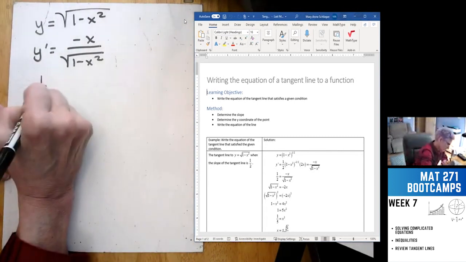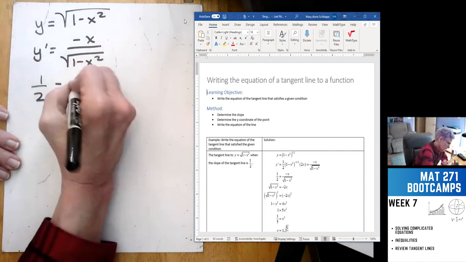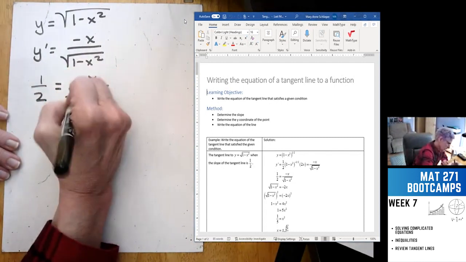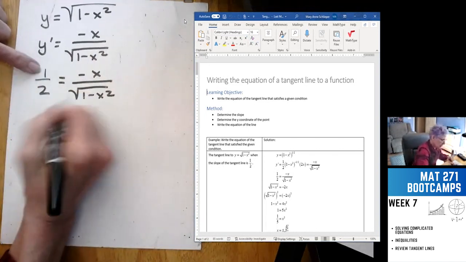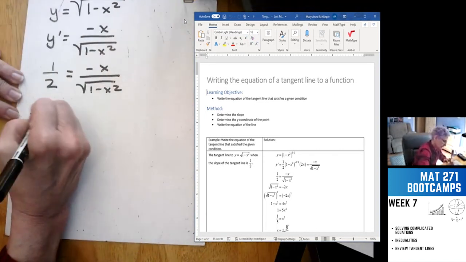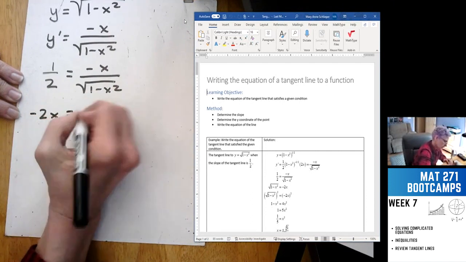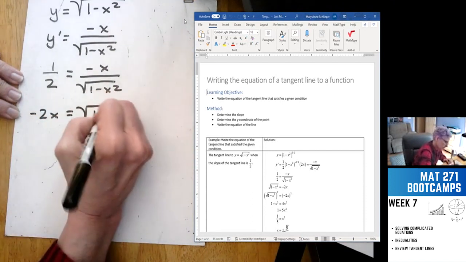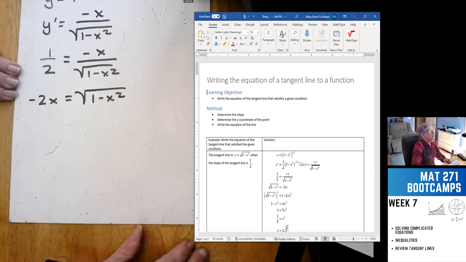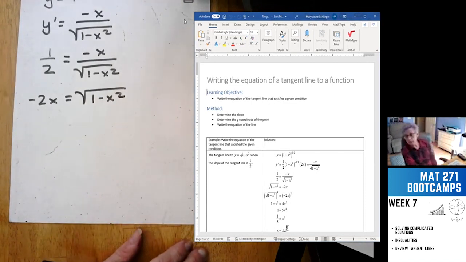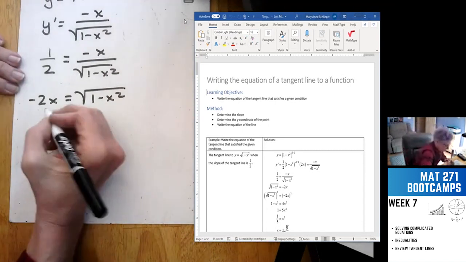I have to take 1/2 and set it equal to the slope. Then I'll cross multiply. So minus 2x is equal to the square root of 1 minus x squared. And then I have to think back to pre-calculus algebra. How do I solve such a thing? Oh yeah, I square both sides.